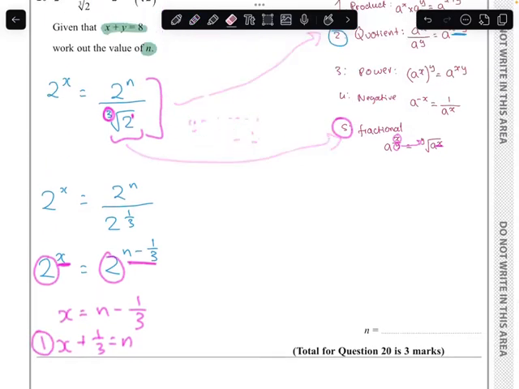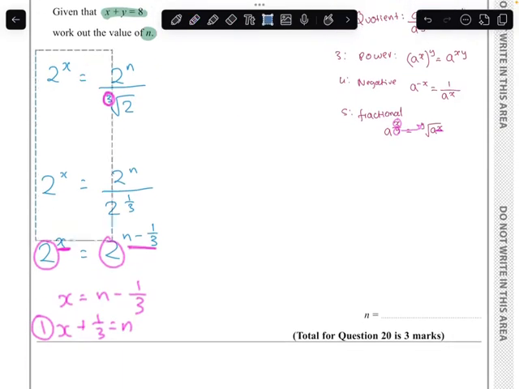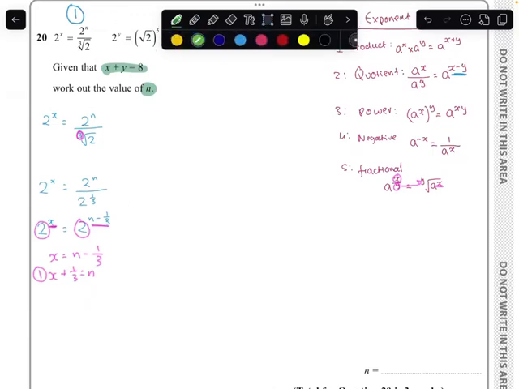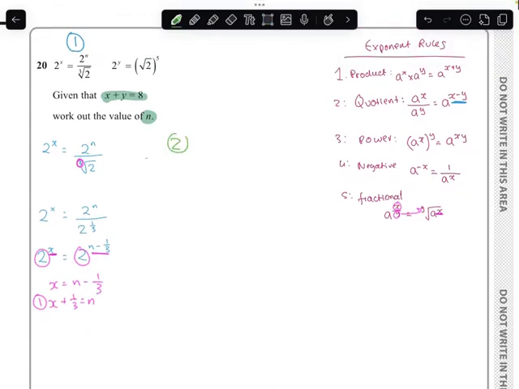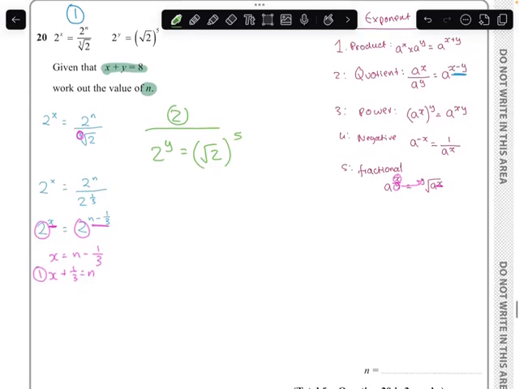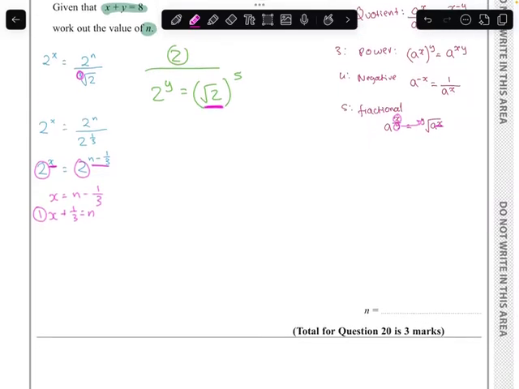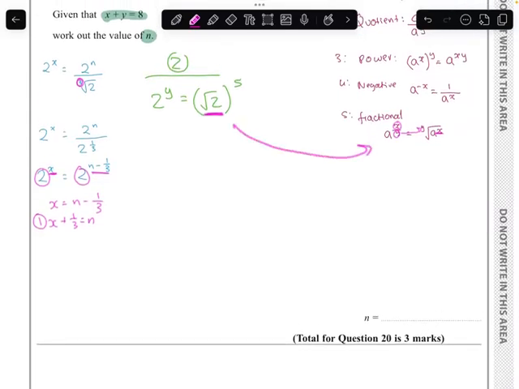Okay, let's work on our second identity now. Our second one, we have 2 to the y equals root 2 to the power of 5. First, let's rewrite this as a power of 2. So again, using our fractional exponent, this would be a 2, wouldn't it?